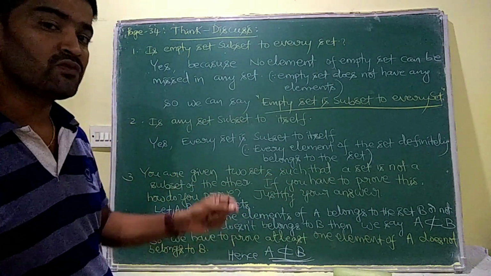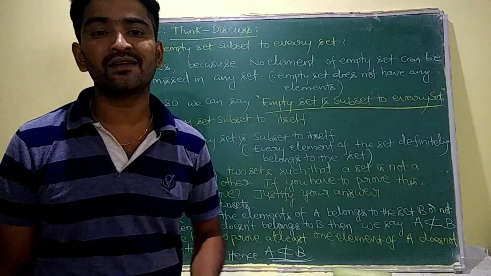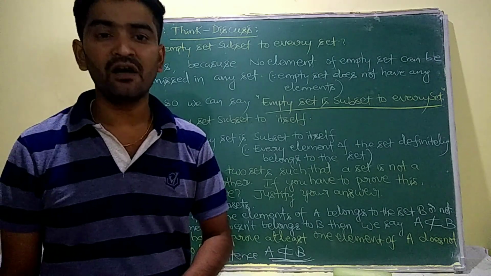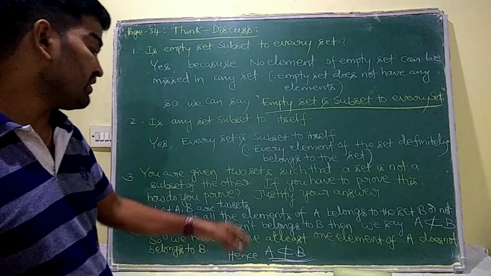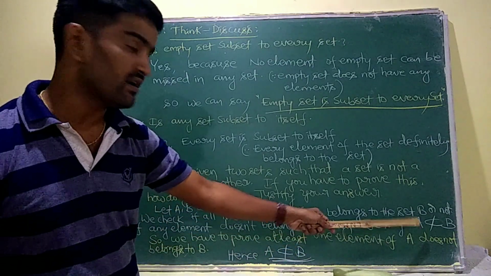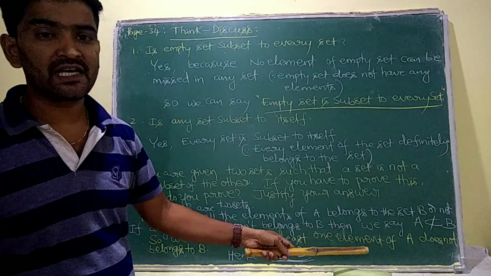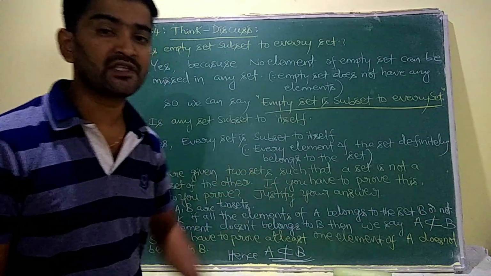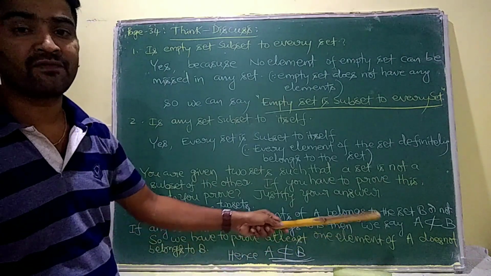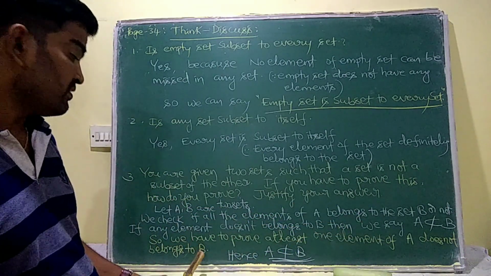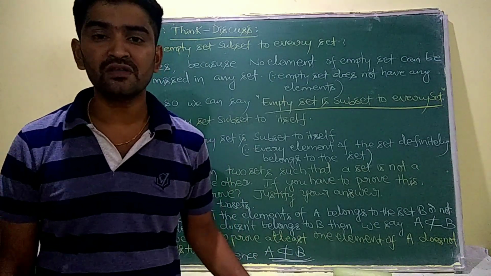If at least one element of A does not belong to the set B, then A is not a subset of B. So we have to prove that at least one element of A does not belong to B. By that we prove the set A is not a subset of B.